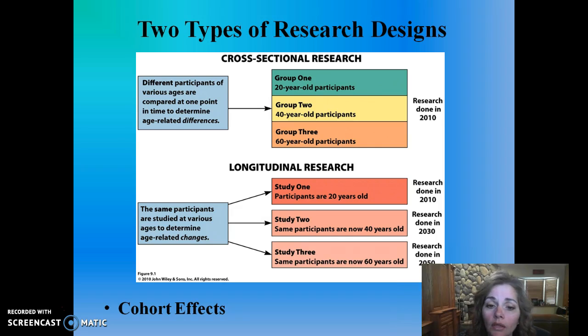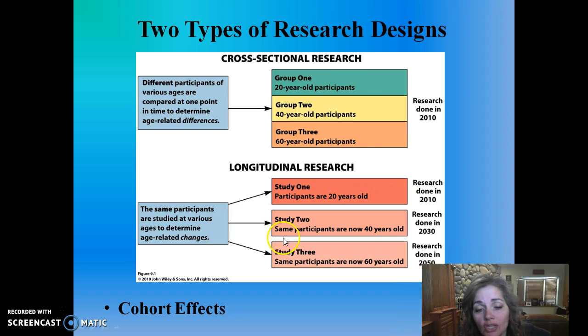We can either do a longitudinal study, where we take one group of people, maybe 500 people, and we study them once when they're 20, once when they're 40, and then again when they're 60. So we're following one group of people over a long period of time. The same participants are involved in every single measurement that's taken throughout the study. And then we compare.